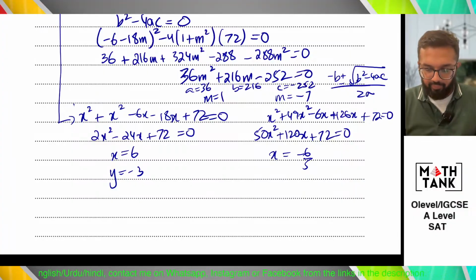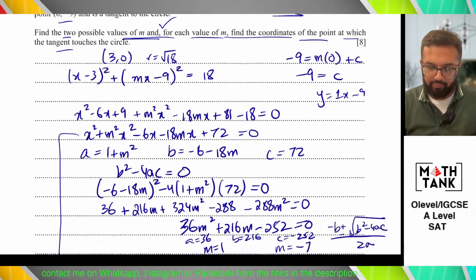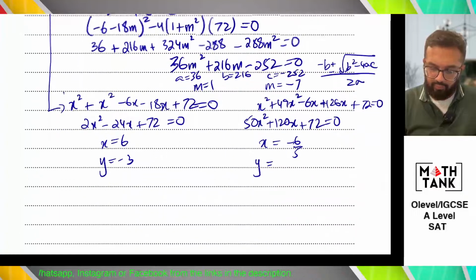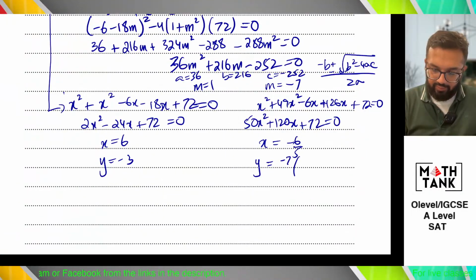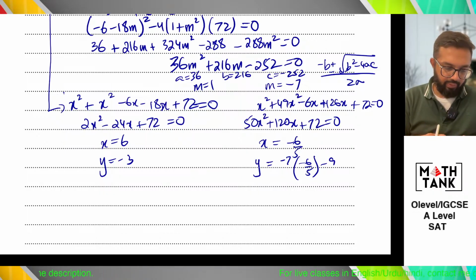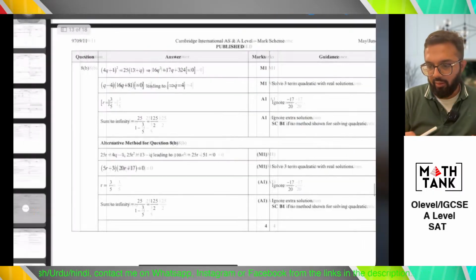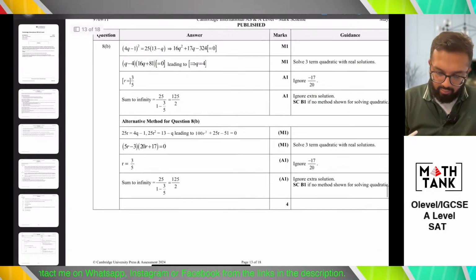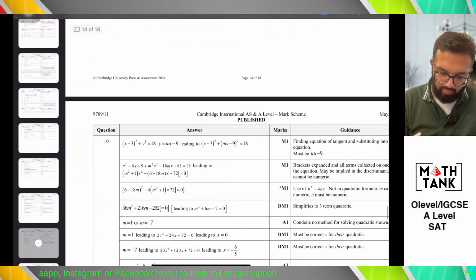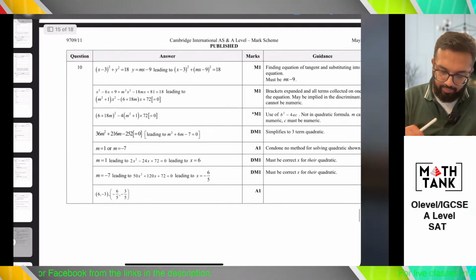Okay, so y should be minus 7 times minus 6 over 5. It's 42 over 5 minus 9, minus 3 over 5. Yep, the two answers are correct.